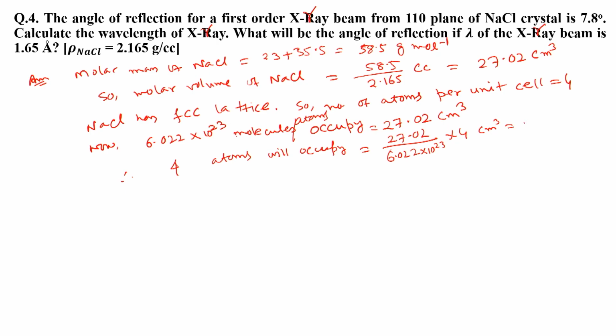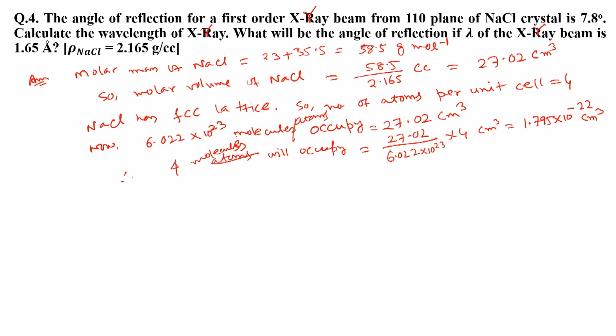So if we calculate this, we get 1.795 times 10 to the minus 22 centimeter cube. This is the volume occupied by 4 molecules. NaCl we are considering, so 4 molecules you can consider.